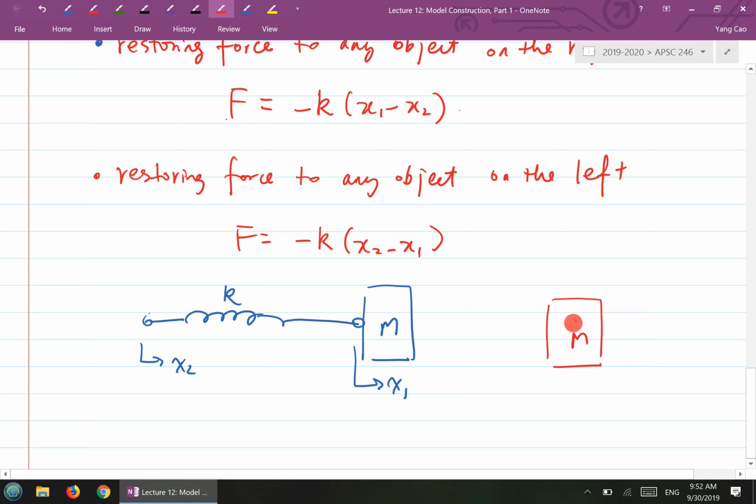In this case, there's no other external force except the force coming from the spring. And as we just learned, because this is attached to the right end, the force applying to this point mass is pointing to the opposite direction of x1, and the value of this one here is k times x1 minus x2.